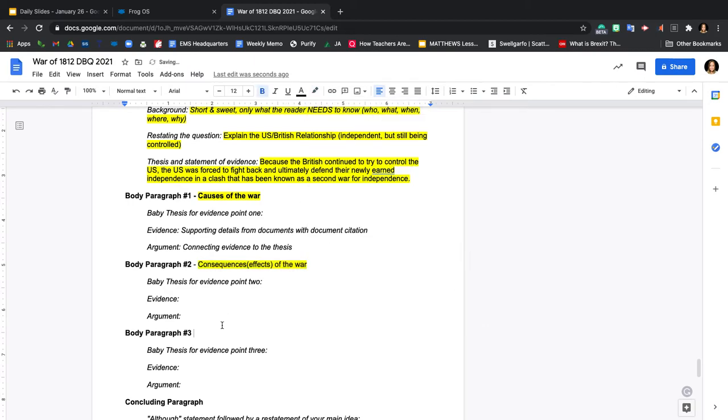And then body paragraph 3 is all about that title, the Second War for Independence. Why it's called that and if it's accurate.